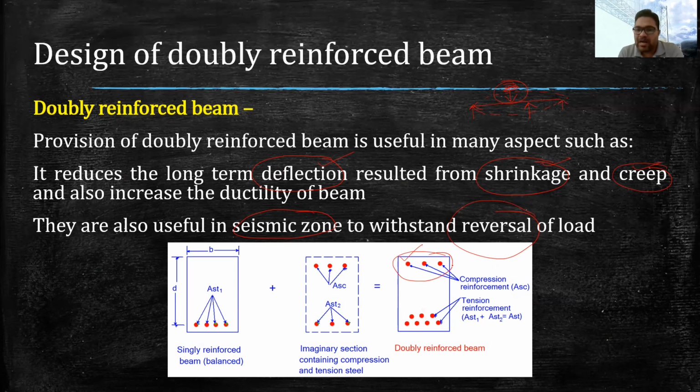So if there is a reversal of load, we still have the reinforcement provided as compressive reinforcement, which may take tension in case of reversal of load. This reversal of load may occur due to the effect of wind or earthquake. In that scenario, provision of a doubly reinforced beam is very advantageous.